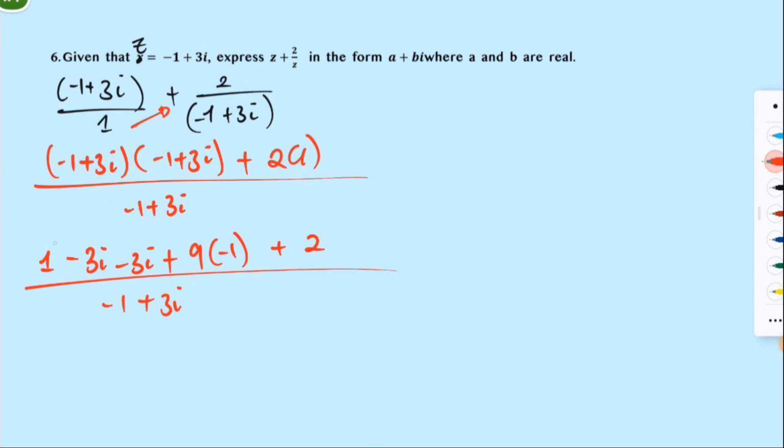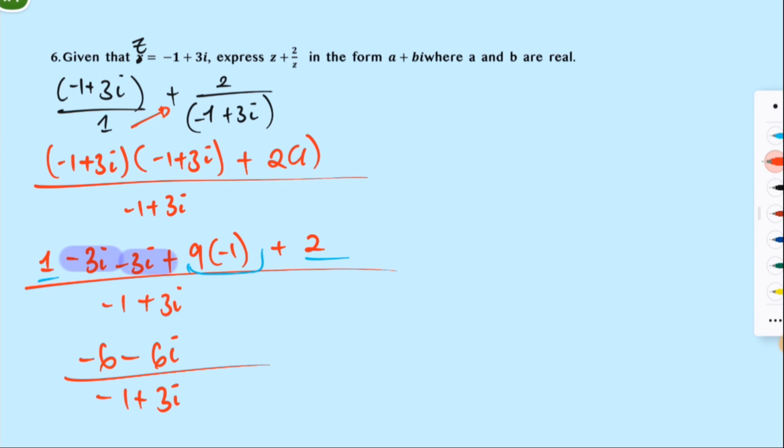And now we bring the like terms together. 1 plus 2, minus 9, which would be 3 minus 9. That gives us a negative 6. And we have other like terms, which would be negative 3i minus 3i, and that gives us negative 6i yet again over negative 1 plus 3i.